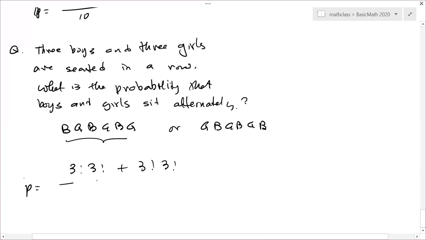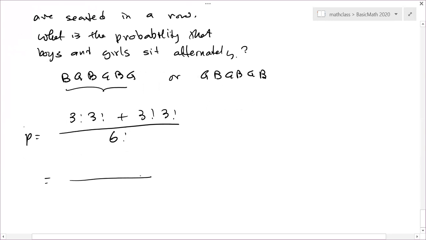So the denominator is going to be 6 factorial. So the answer will be 2 times 3 factorial times 3 factorial over 6 factorial. 6 factorial is 6, 5, 4, 3 factorial, cancel. Okay, so I get 1 over 10.